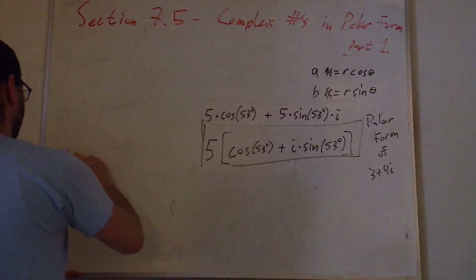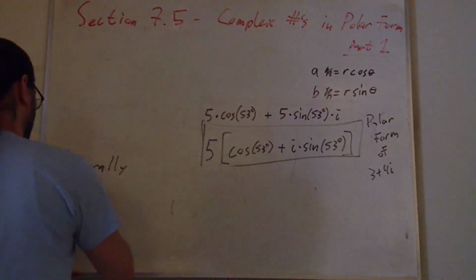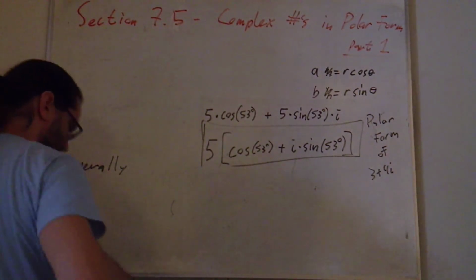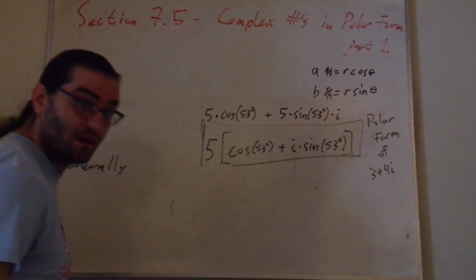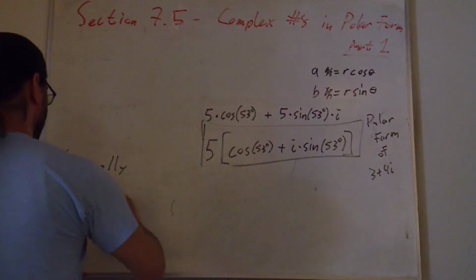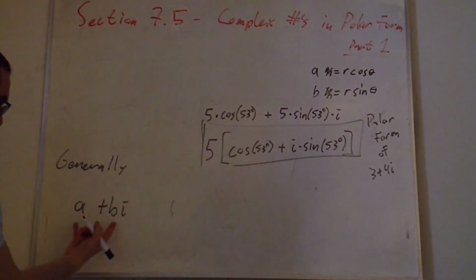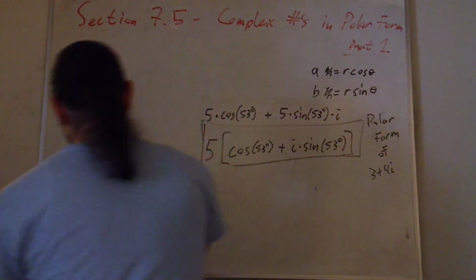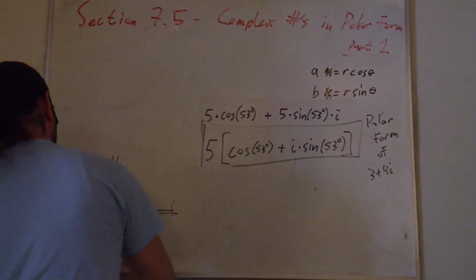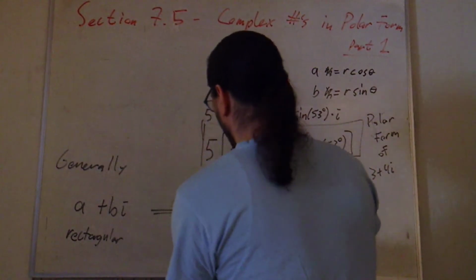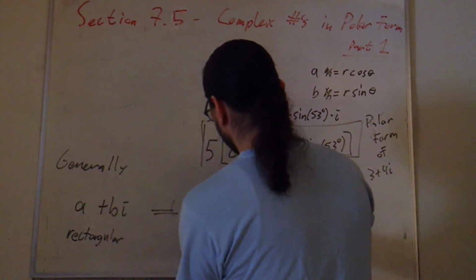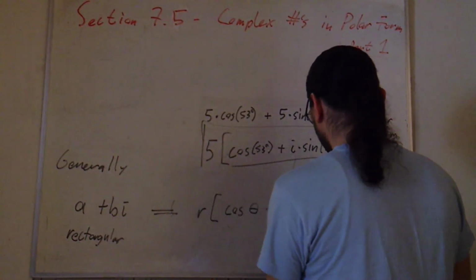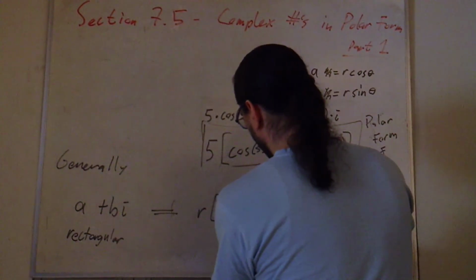Generally, a number like a plus bi, this is sort of like the rectangular form of a complex number, can be written in polar form. Let me write that, rectangular. Can be written as r times cosine theta plus i sine theta. This is the polar form.